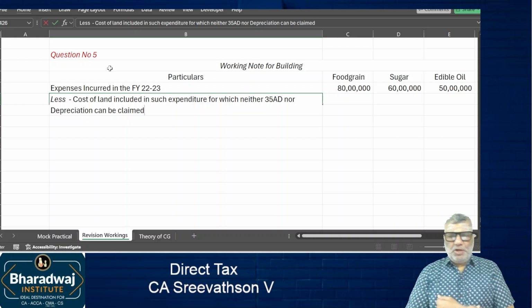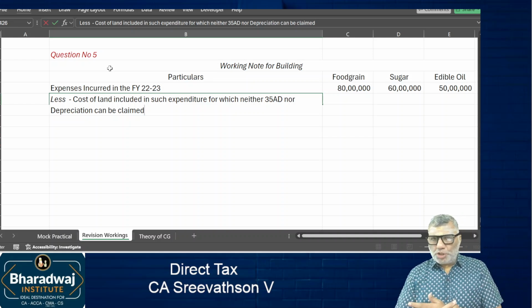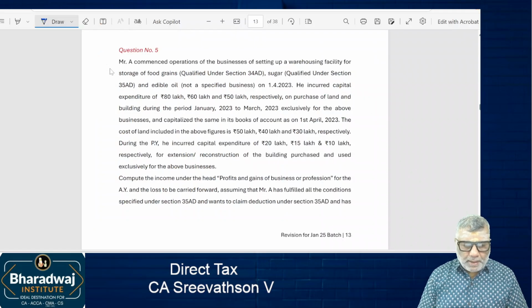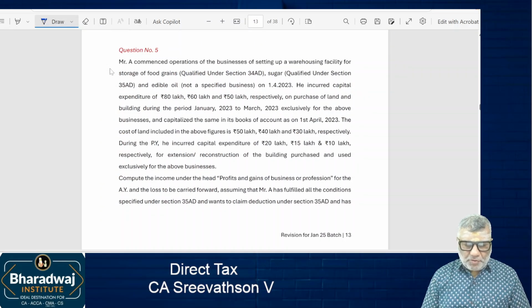So for land, we know that no depreciation, and also 35 AD you cannot claim for land. 20, 50, 40, 30.